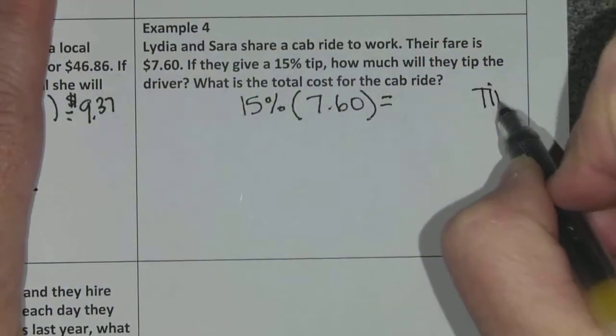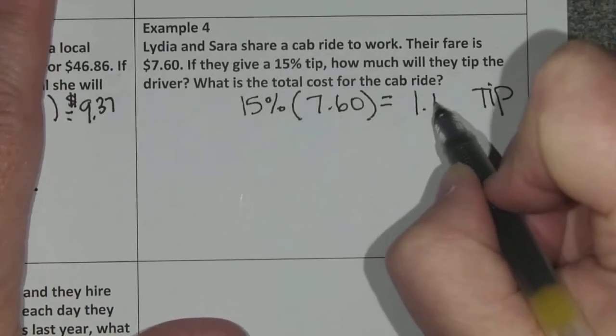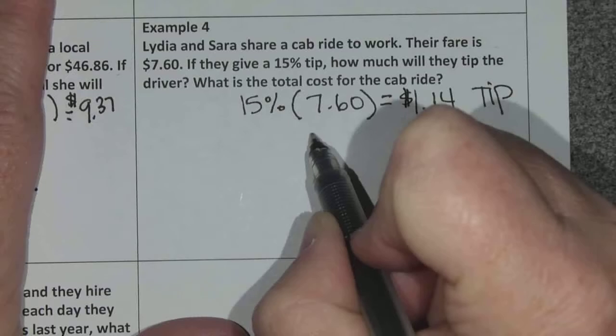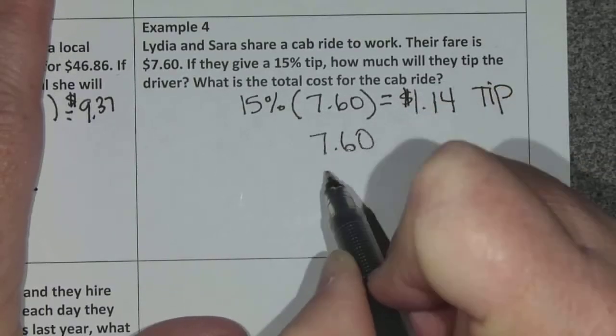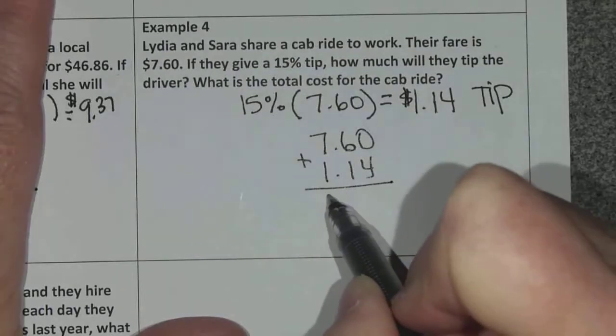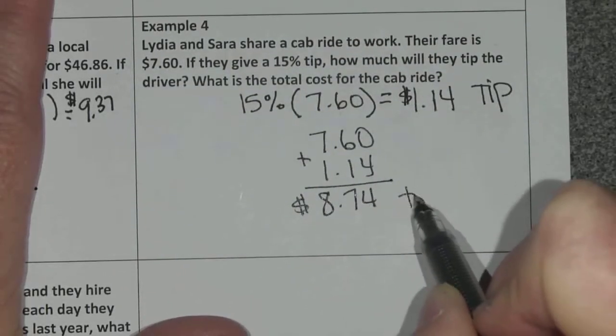That will give me the tip that we're going to pay the driver. So 1.14, that's perfect. And then for the total that she paid the driver, we would do 7.60 plus the 1.14 to it. So 8.74 is the total.